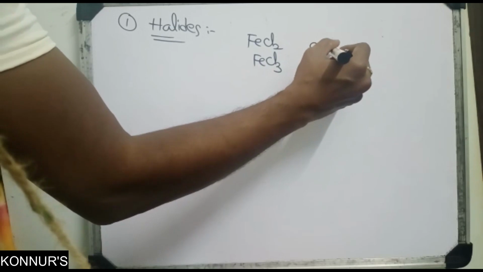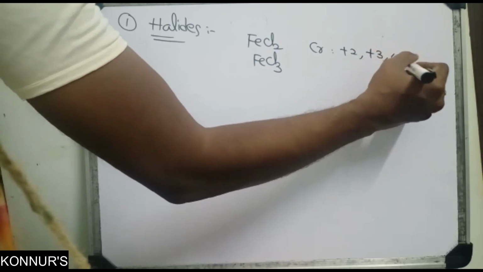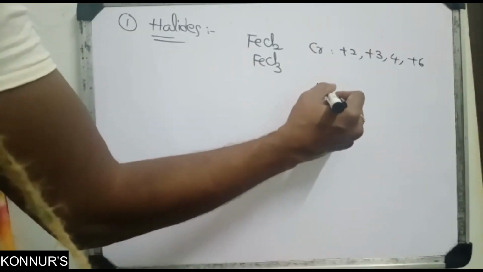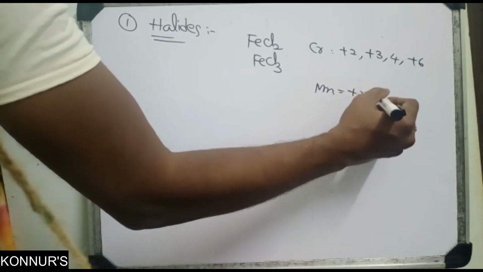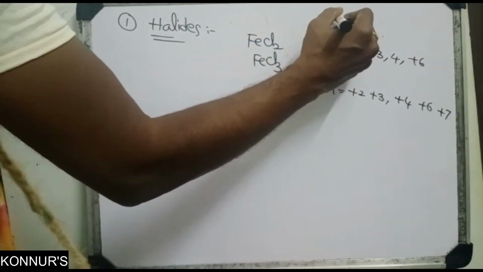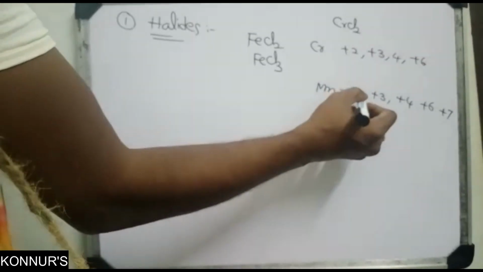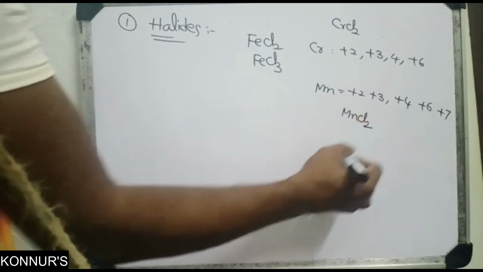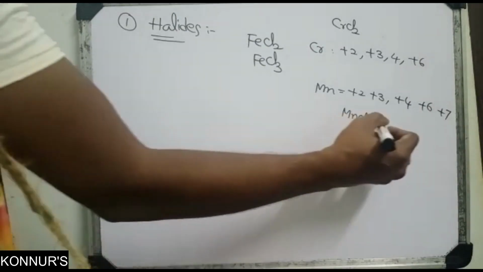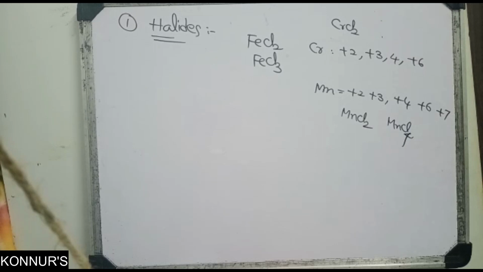Chromium is in the 6th group, maximum oxidation state 6, so it shows +2, +3, +4, +6. Manganese shows +2, +3, +4, +6, and the maximum is +7. So automatically you can write the compounds: the lowest oxidation state gives MnCl2, then MnF4 or MnCl4.